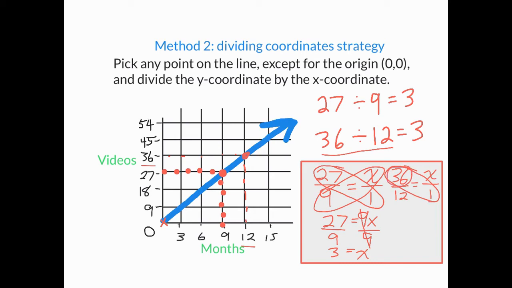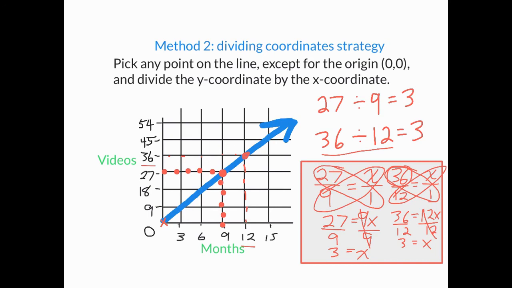So we get 36 equals 12 times x is just 12x. And again, divide both sides, in this case by 12, and we get x equals 3. Same answer.